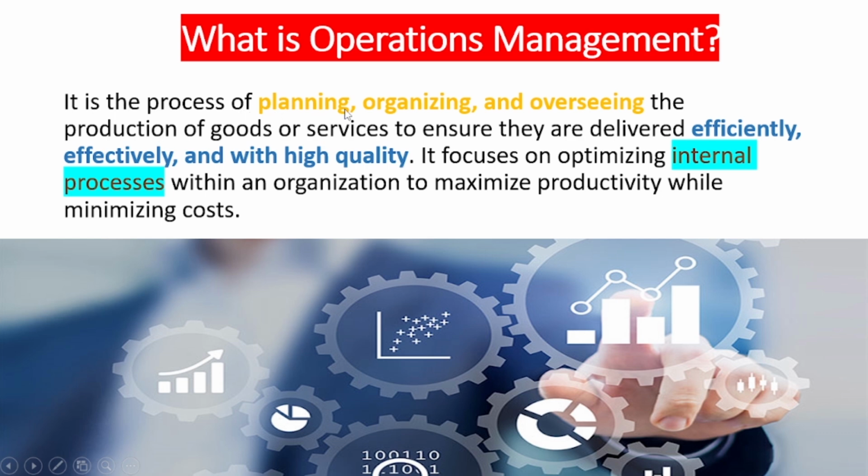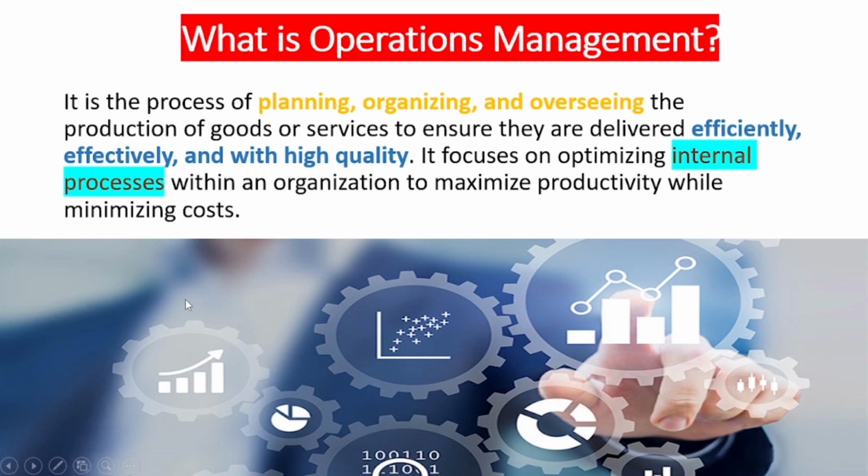It is a process of planning, organizing, and overseeing the production of goods or services to ensure they are delivered efficiently, effectively, and with high quality. It focuses on optimizing internal processes within an organization to maximize productivity while minimizing cost.